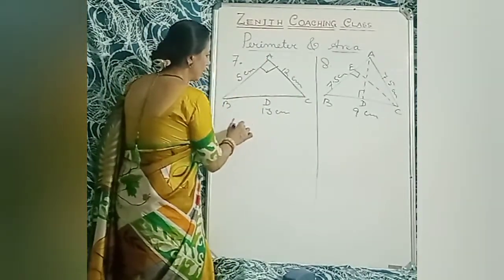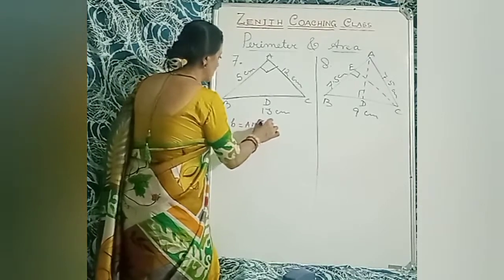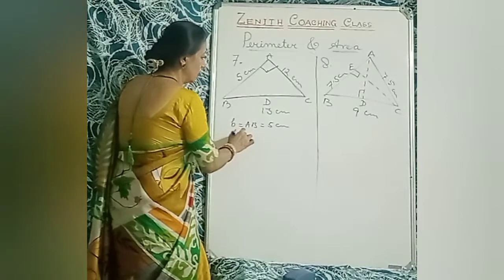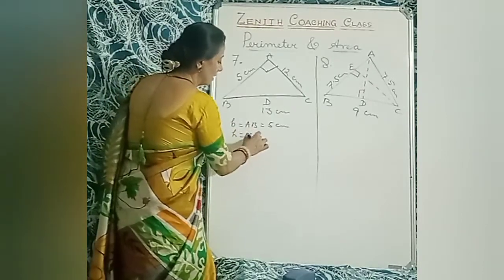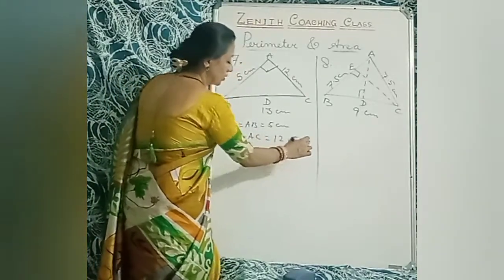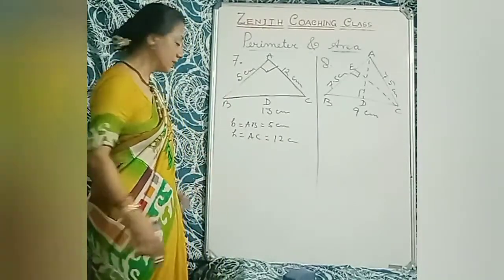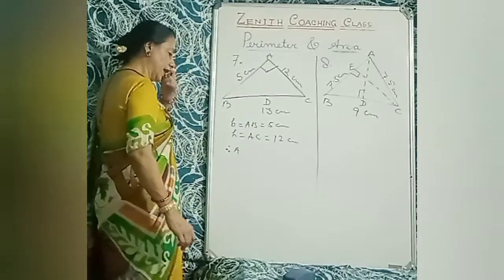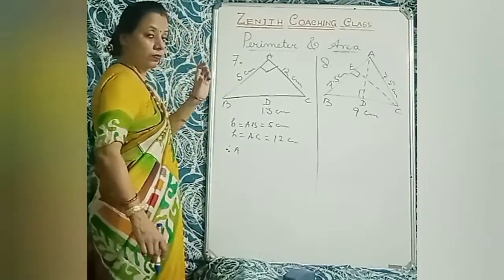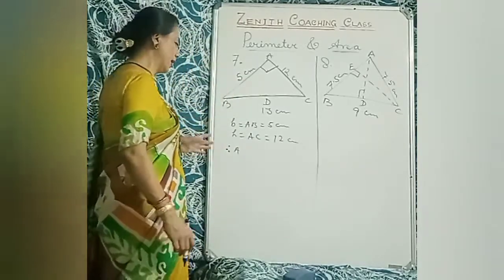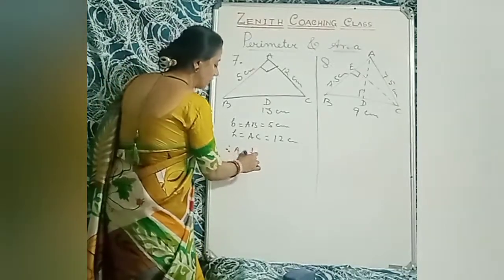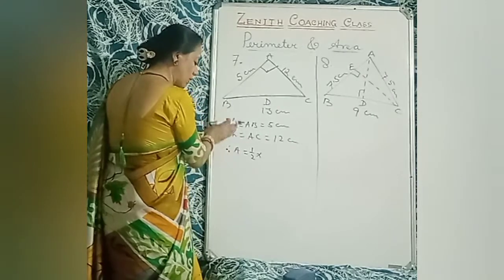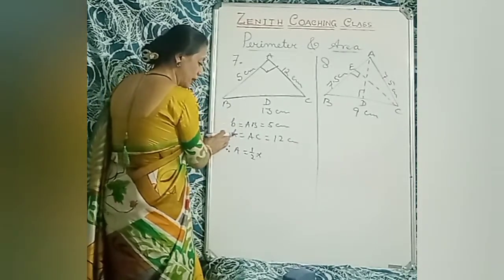So base equals AB equals 5 centimeter, and height equals AC equals 12 centimeter. So you can easily find out the area of triangle ABC. Therefore you will not write A, you will write the full sentence, area of triangle ABC equals half into base into height.